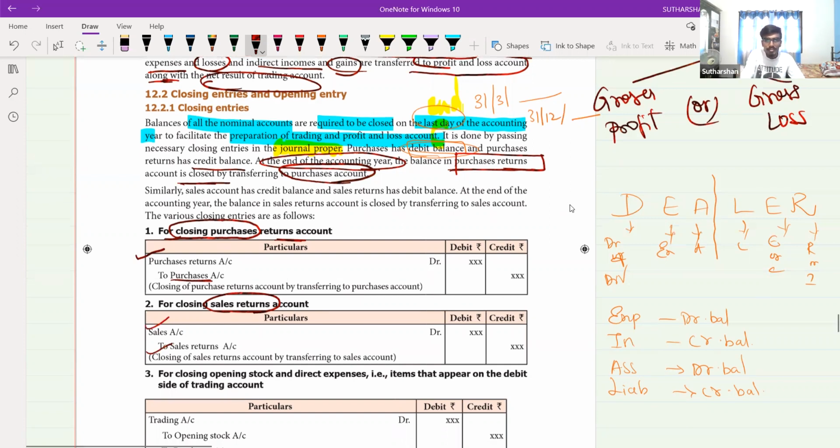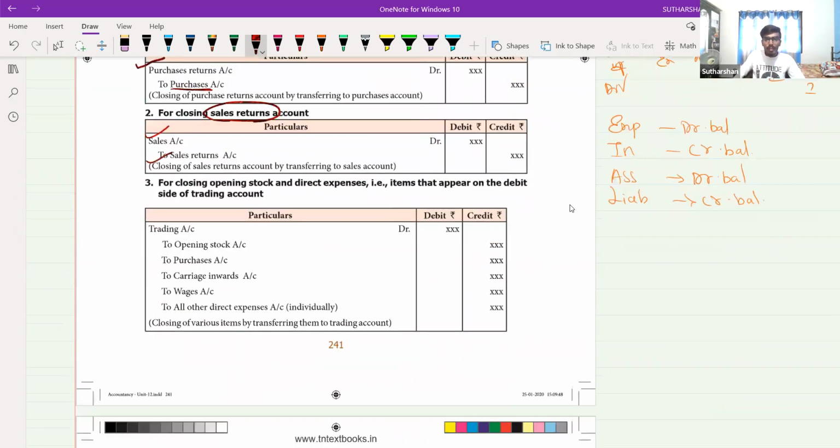Okay, so next thing, for closing and opening stock, direct expenses, and items that appear on the debit side of the trading account, what I need to do, in my basic class also I will tell. Suppose it is a trading account.